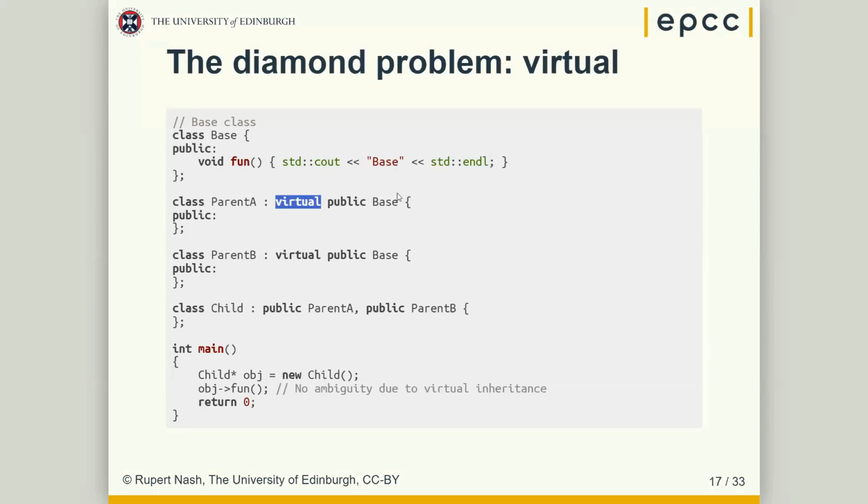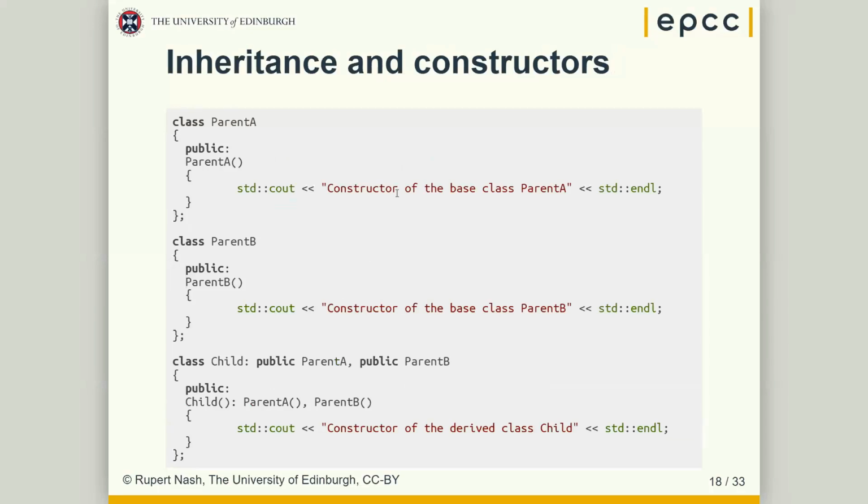We'll come back onto that in a minute in more detail, but we're just going to consider another question first. So far, when we've looked at this example, we've always used default constructors.